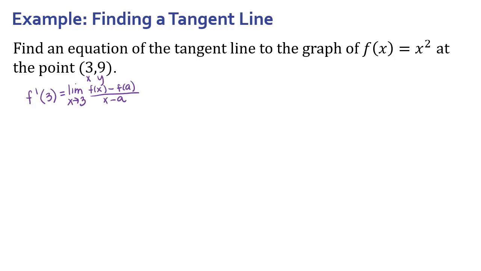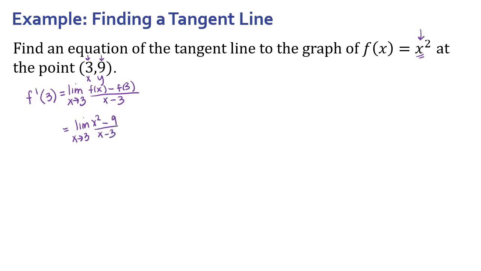We replace those a's with 3. Now this becomes the limit as x approaches 3 of x squared minus f of 3. When your x value is 3, your y value is 9. You could also substitute in 3 for x and get 3 squared, which is 9, all over x minus 3.